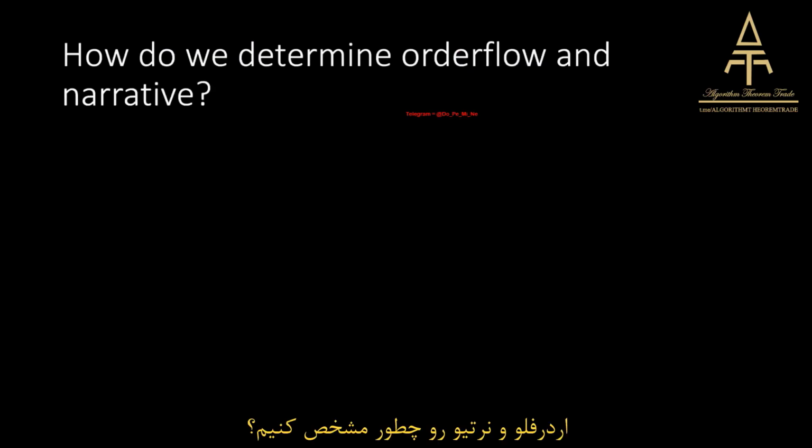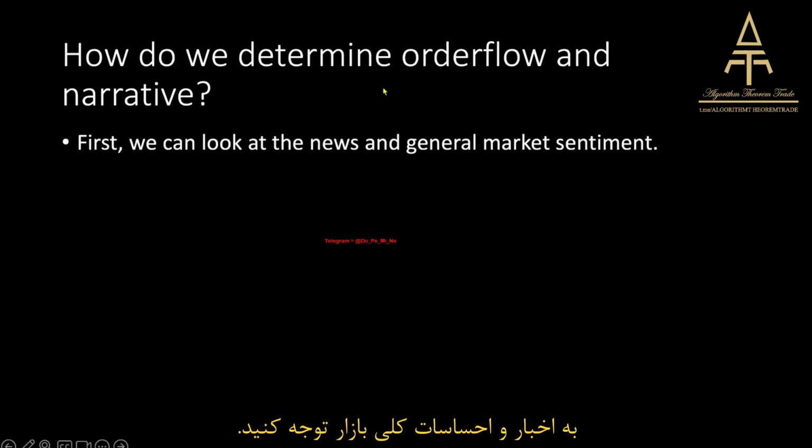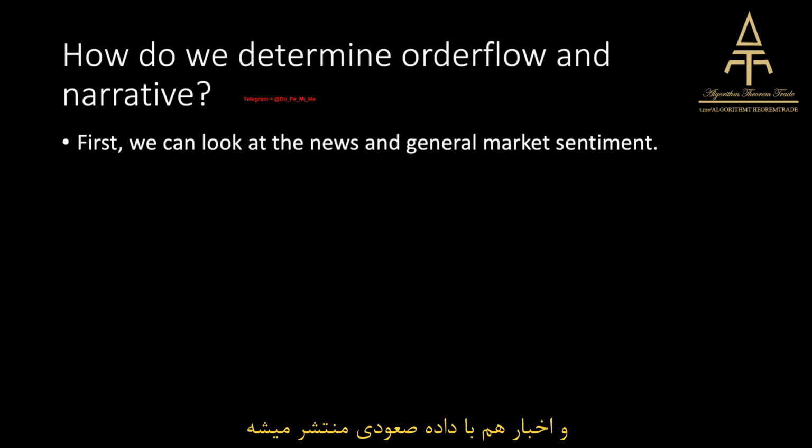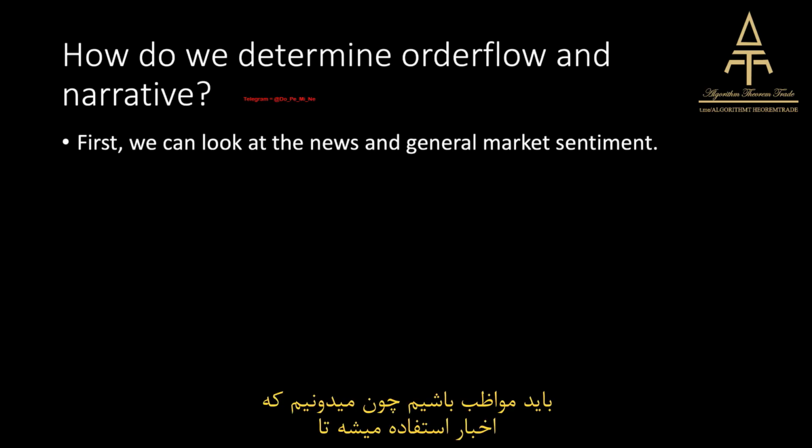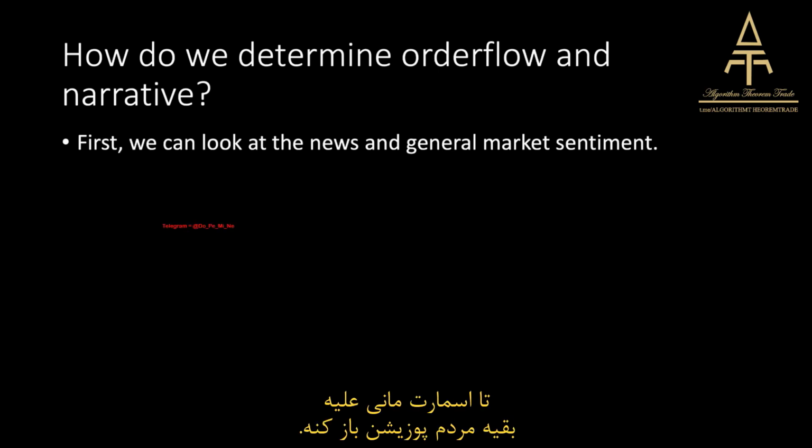So how do we determine order flow and narrative, really? First of all, we can look at the news and the general market sentiment. We know that when markets are going higher and when the news is becoming very bullish, euphoric, so to say, we should be cautious, because we know that news gets utilized, or that leg higher gets utilized, for smart money to open short positions against, to sell against.